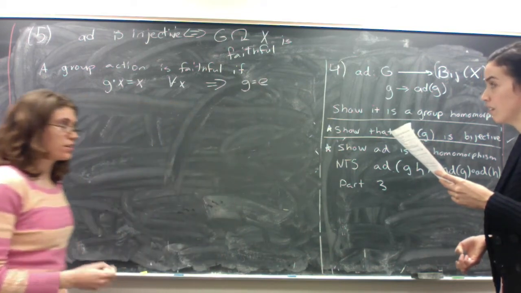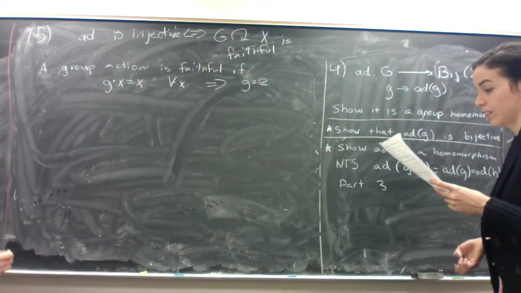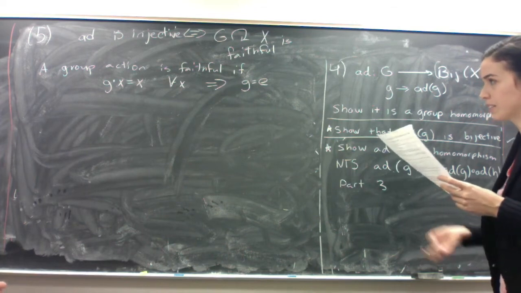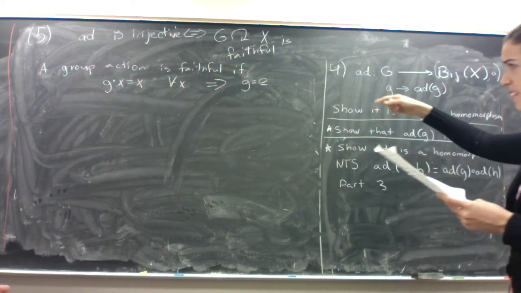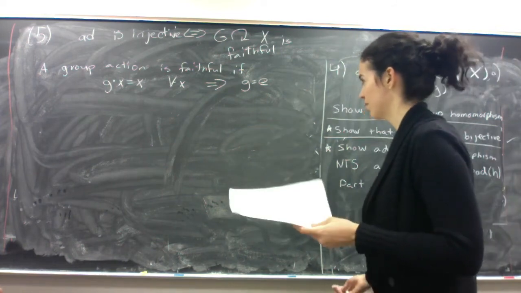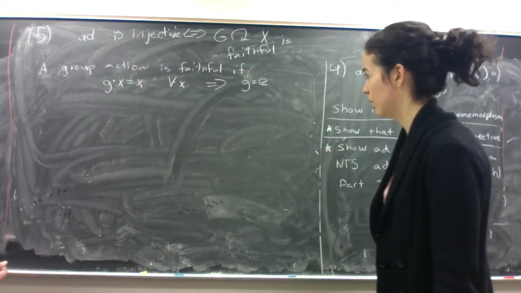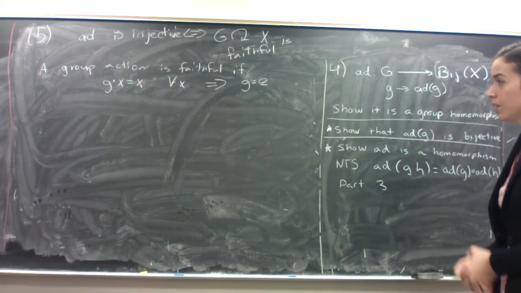Is that right? Did I get that right? Here it says if the only element G such that G X is X for all X is the identity. That's the same thing. Okay.